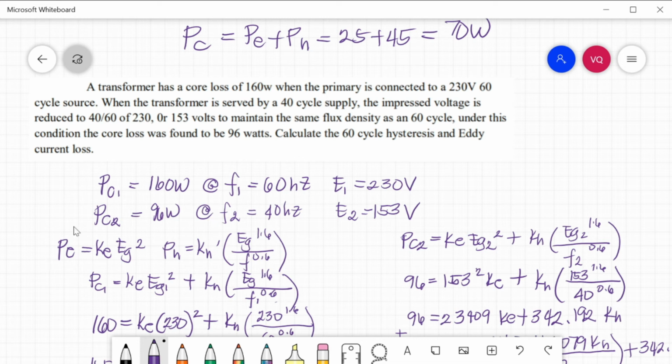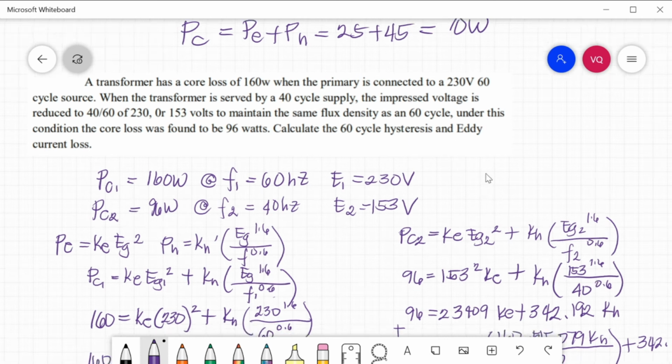While PC2, which is the core loss at condition 2, is equal to 96 watts, the second frequency is 40 Hertz, 40 cycle supply, and E2 is equal to 153 volts. So we will solve the hysteresis and eddy current loss, the PE and the PH.